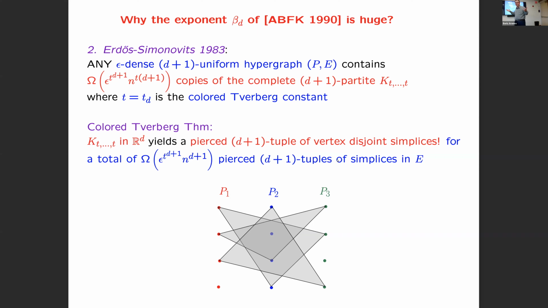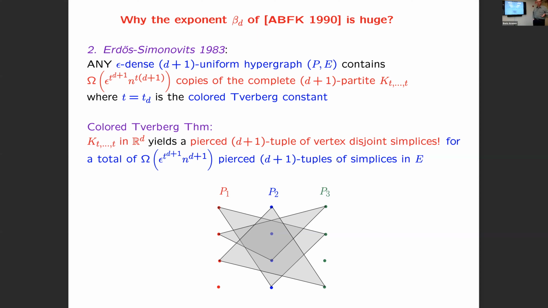We can take t to be the Kolot-Verberg constant. We find many copies of the Kolot-Verberg configuration, and we find many d plus 1 tuples of intersecting simplices.